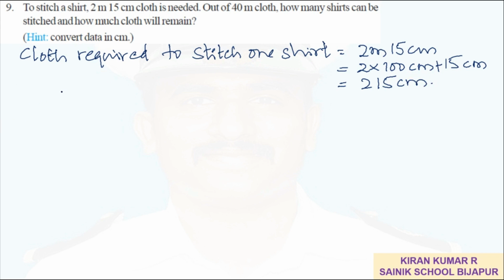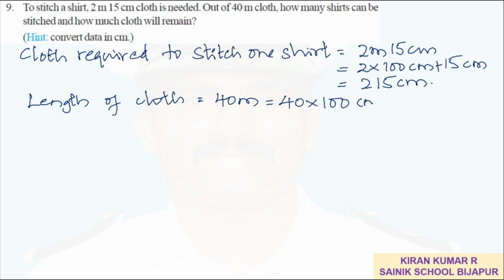They have given the length of the cloth. The total length of the cloth is given as 40 meter. On conversion, I need to multiply this 40 with 100 to get it in centimeter. It becomes 4000 centimeter.